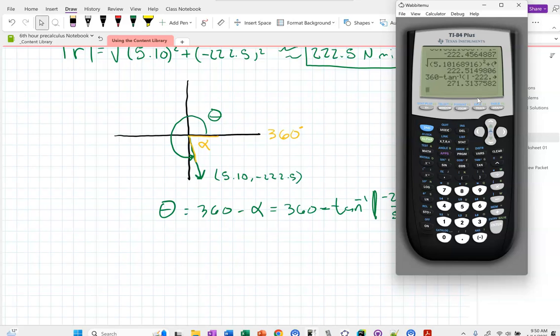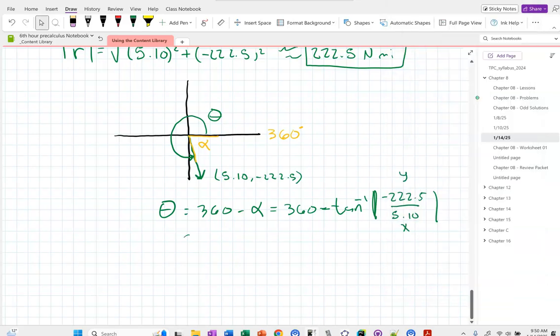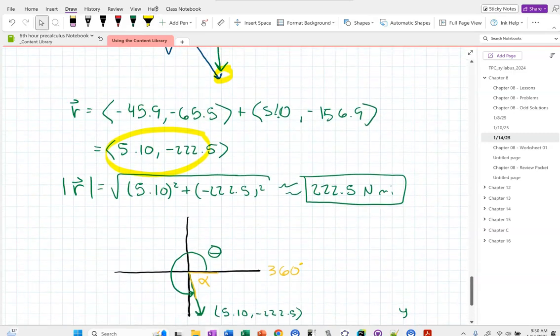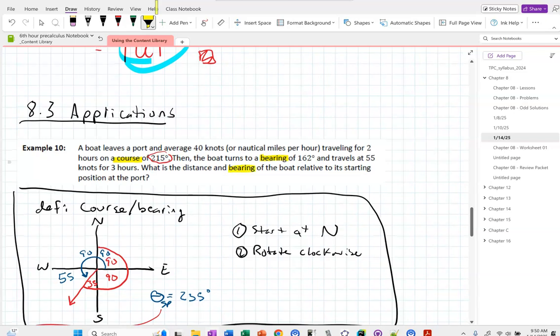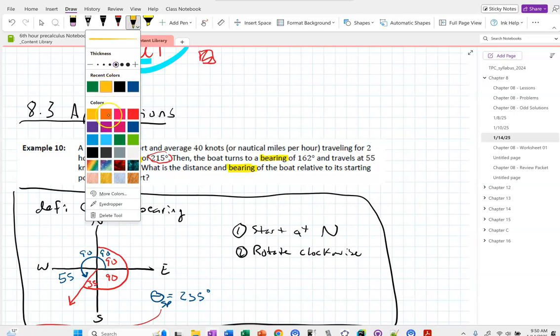So 271.3. But what's the catch? In the problem, it asked for the bearing. Oh. So what do I have to still do?